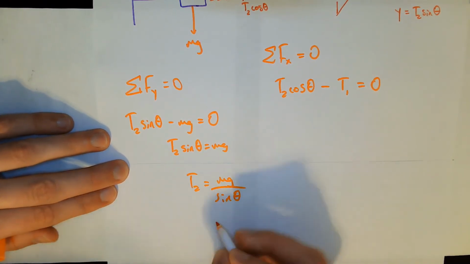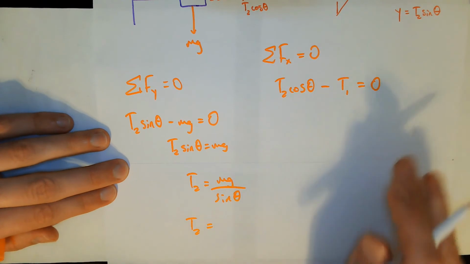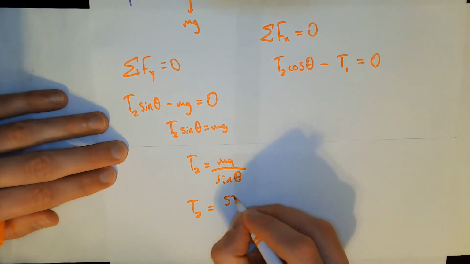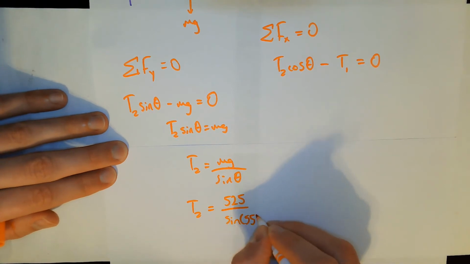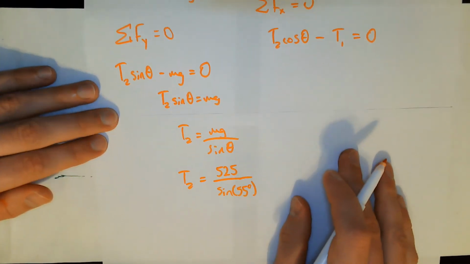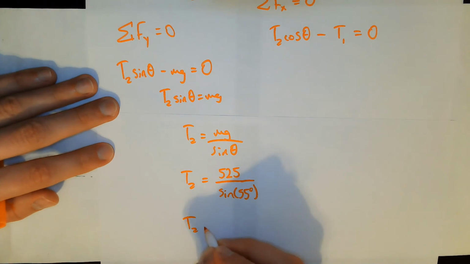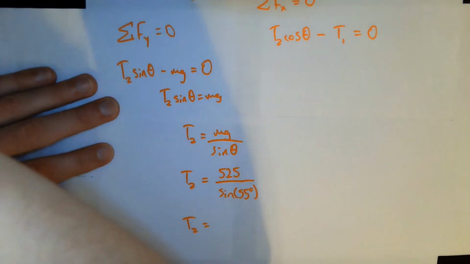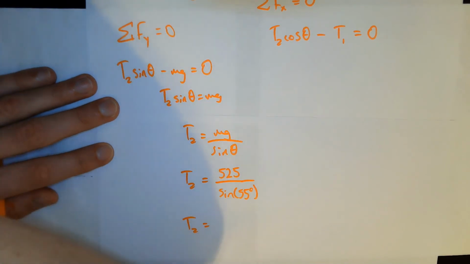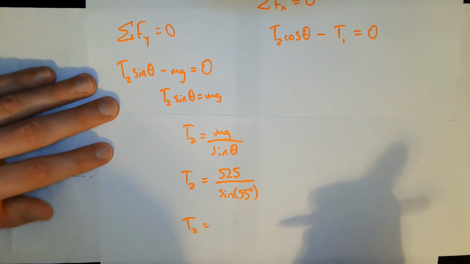So we can go ahead and find that. T2 is equal to mg, which is 525 newtons, over sine of 55 degrees. So T2 equals, is that right?